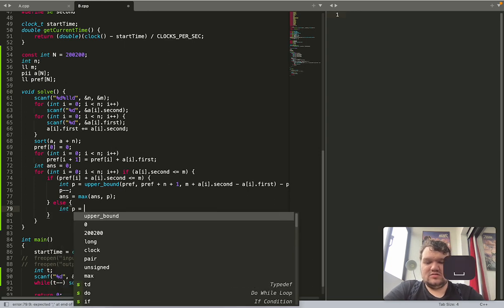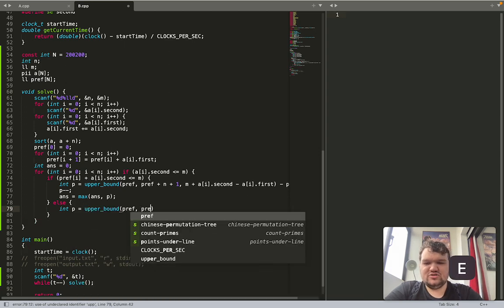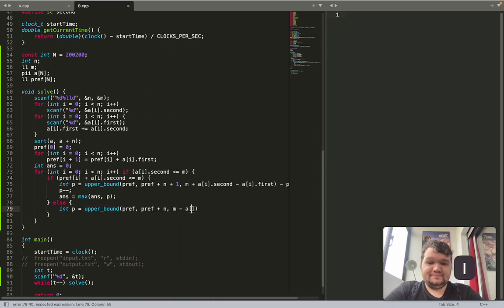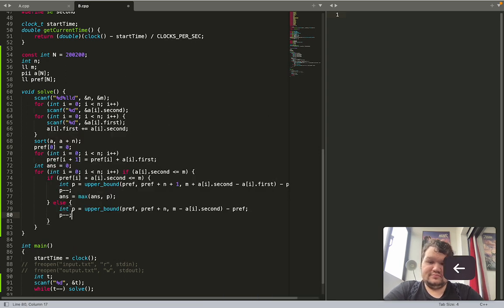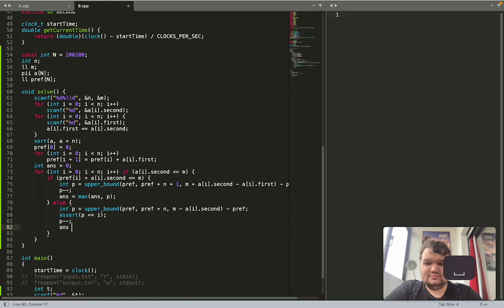Otherwise, we know that this position is already bad, so we'll just find the first bad position and update the answer with p plus 1, because we take a prefix of length p and another one. There is one.